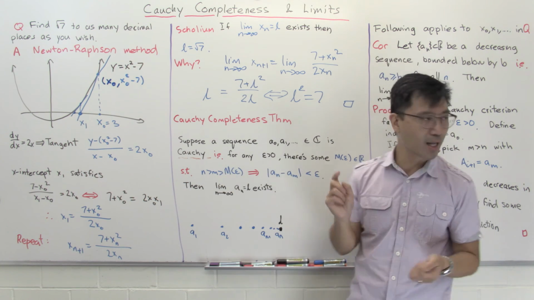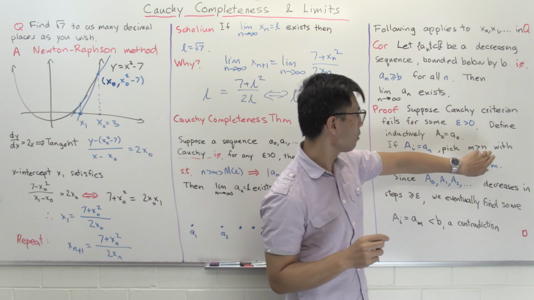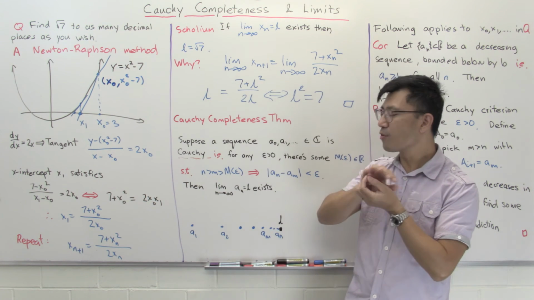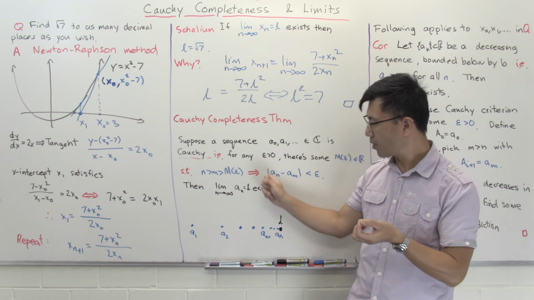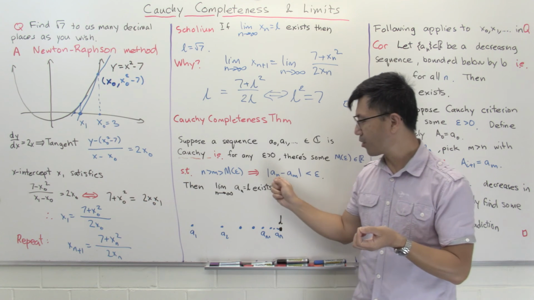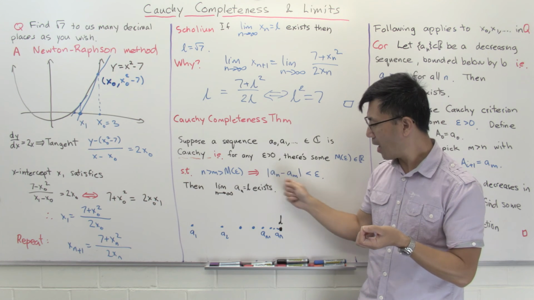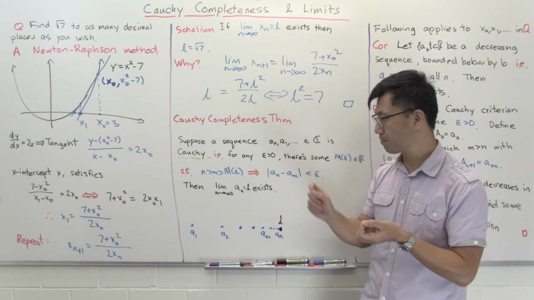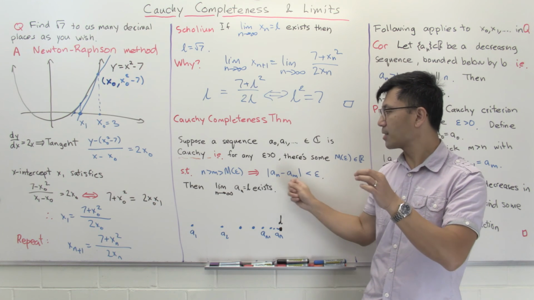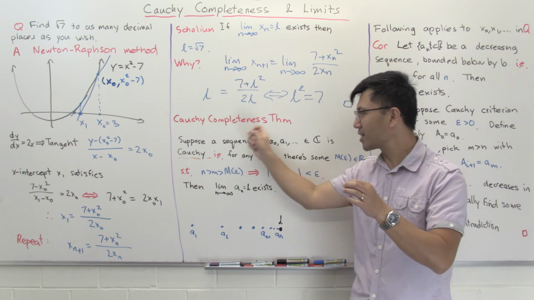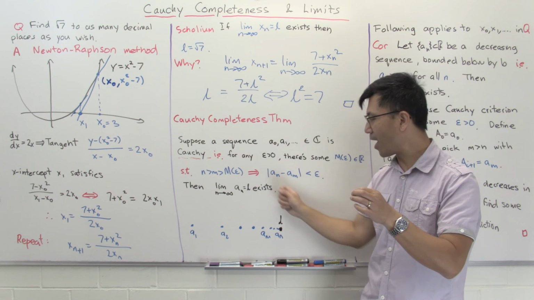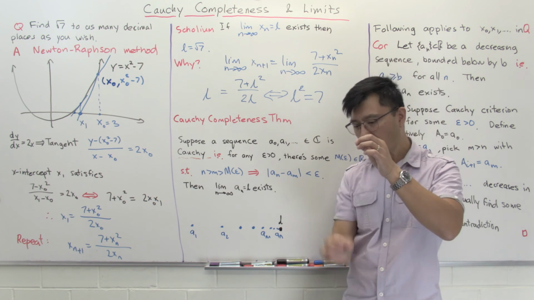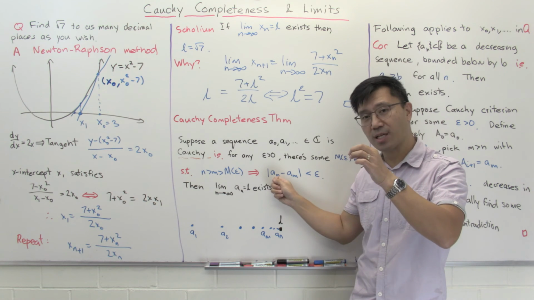In particular, when you've reached this level, even when you've gone that far out, it's not true that you can always make sure that the distance between the elements of the rest of the sequence is less than epsilon. Remember, we're saying that this fails, so you can't guarantee this.